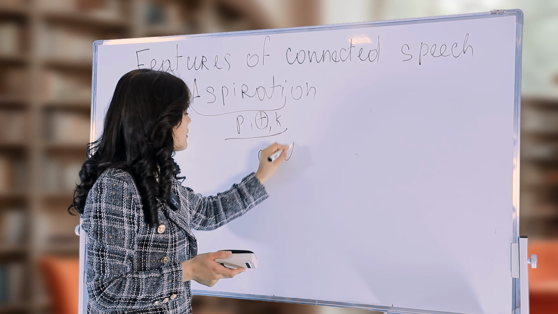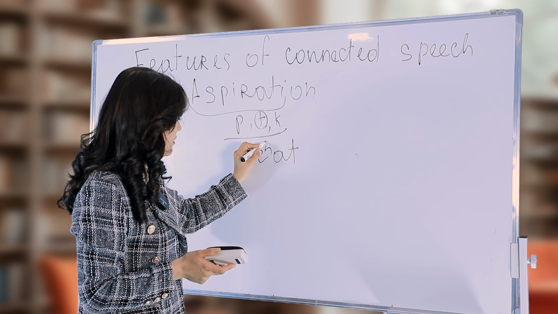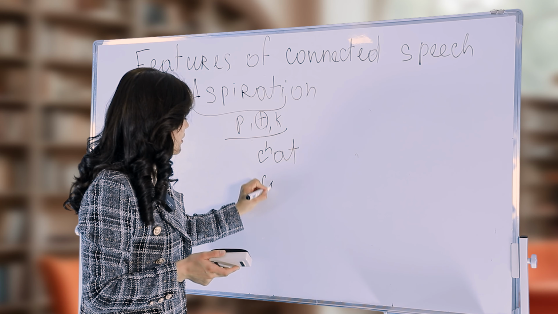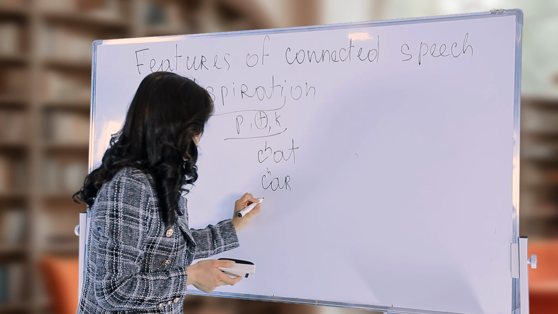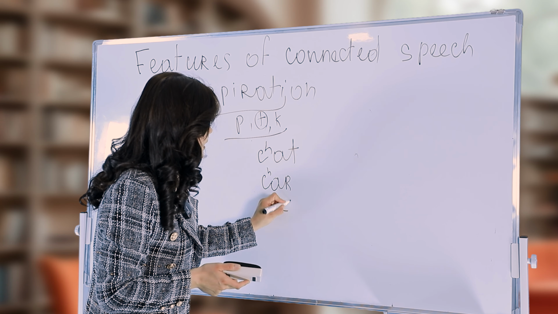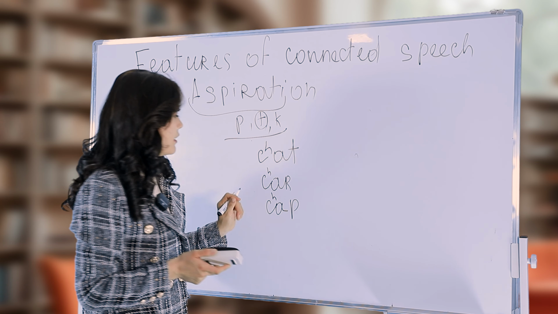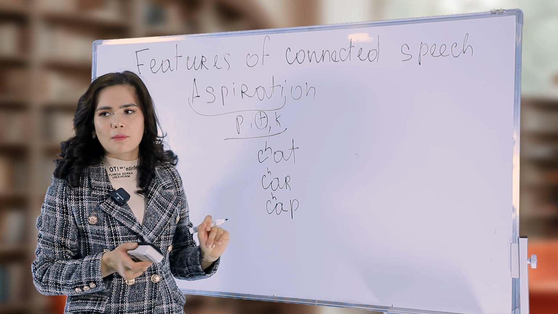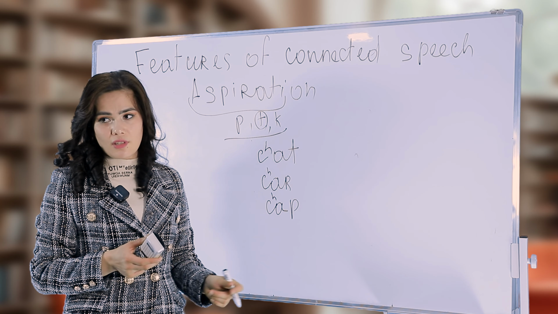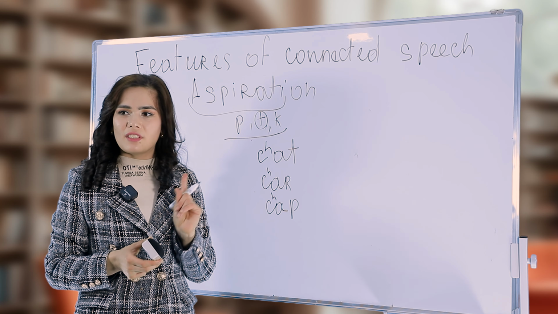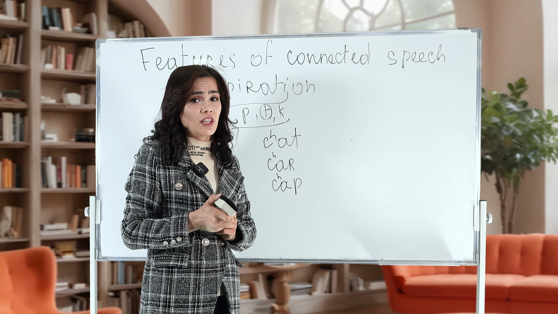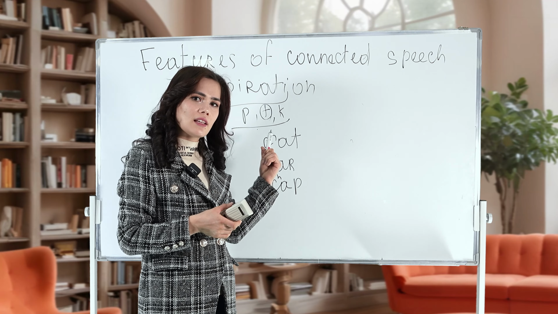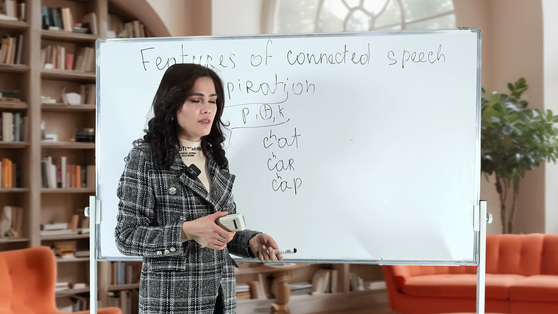So, cat or car or cap. Here you can see other examples for the k sound in aspiration. So, dear learners, don't forget, without aspiration, your pronunciation is not incorrect, but it can help you to sound more natural.